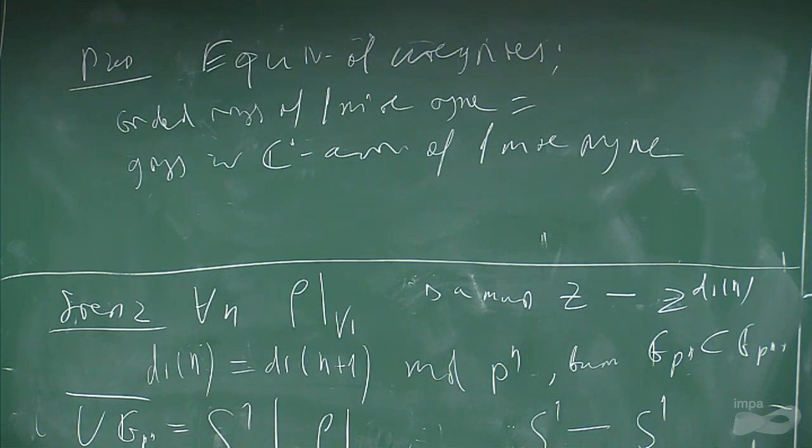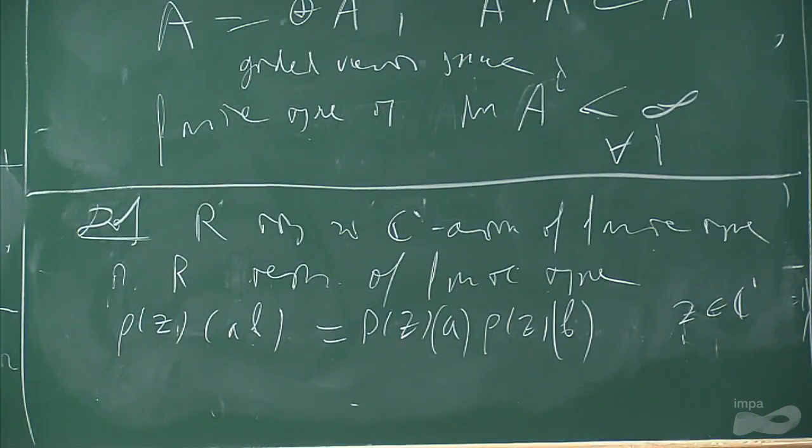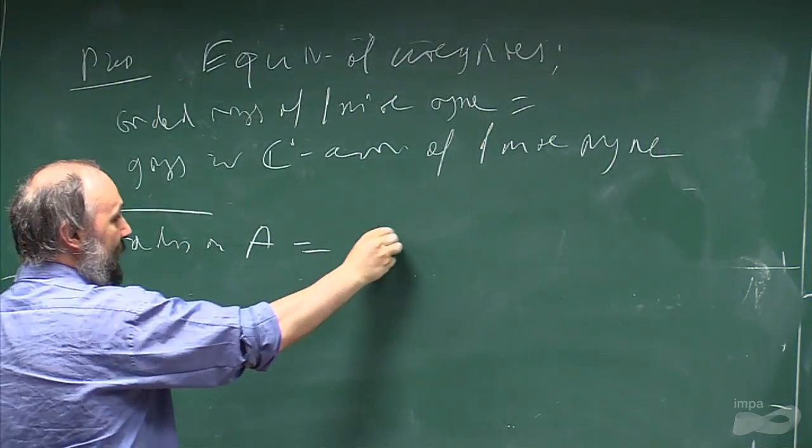I think this simplifies slightly this notion and explains why we have this. If you have a graded ring, you have a C star action. If you have a C star action, you have grading. This is by claim 1, which I showed on the previous slide. So grading on A is the same as C star action.